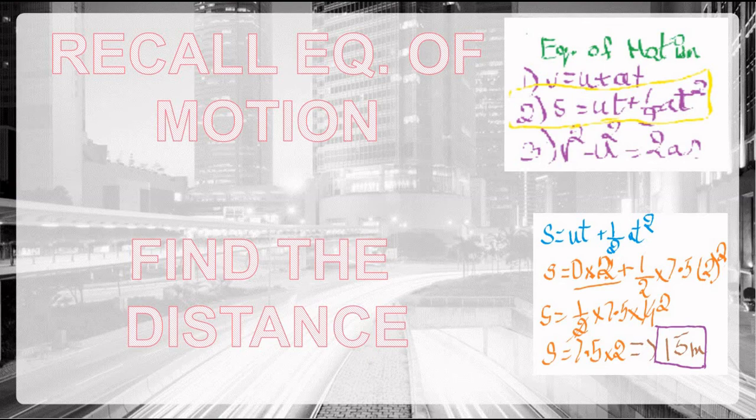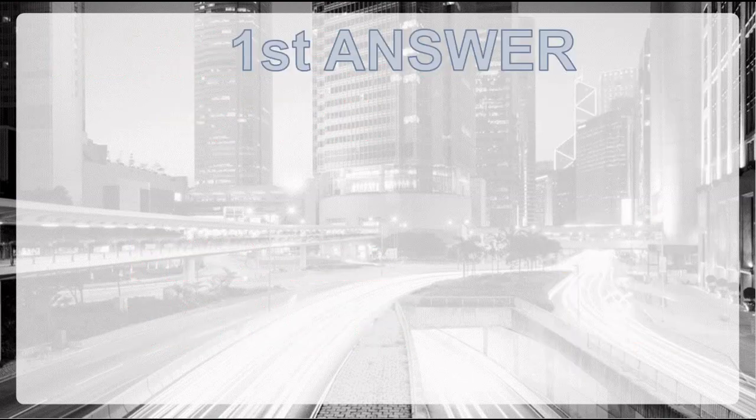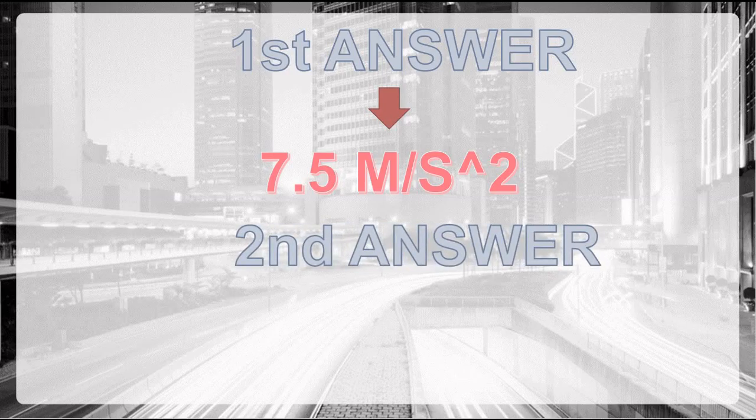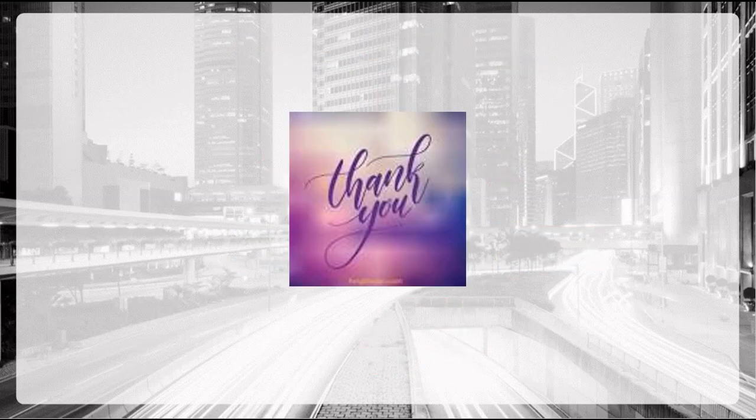Then we used the second equation of motion, s is equal to ut plus half at square, and found the distance. The answer to the first question that we got after solving it is 7.5 meter per second square. And if we look at the second question, we had to find the distance. So we found the distance as 15 meters.